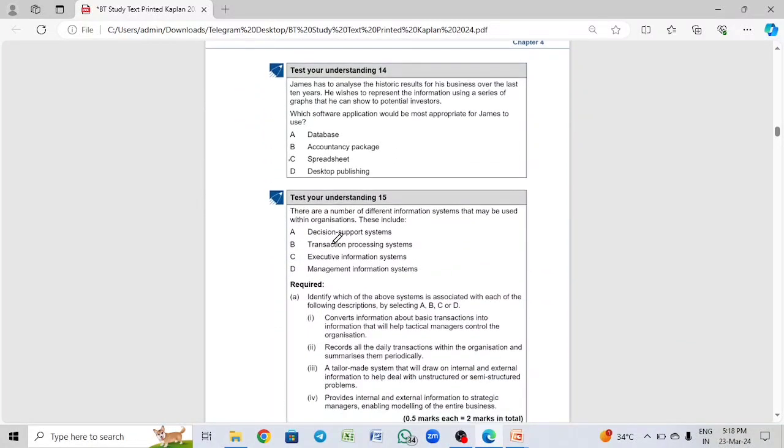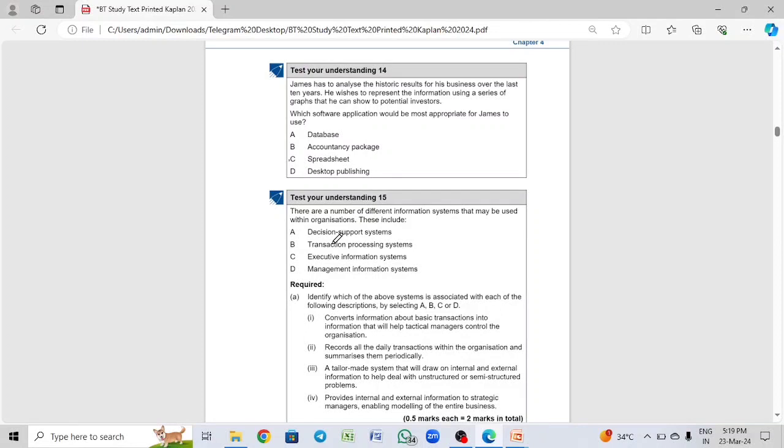Test to understand number 14 says James has to analyze the historic results for his business over the last 10 years. He wishes to represent the information using a series of graphs that he can show to potential investors. Which of the following applications must be used by James?